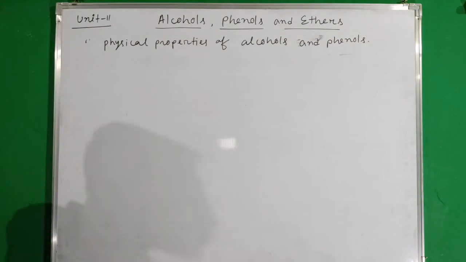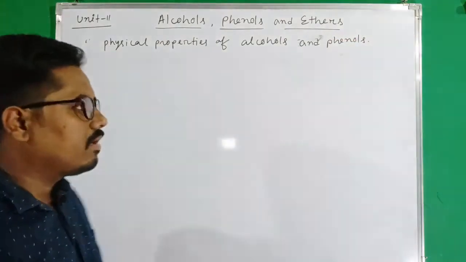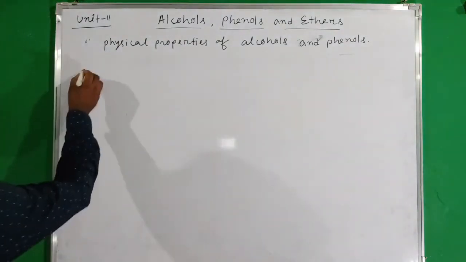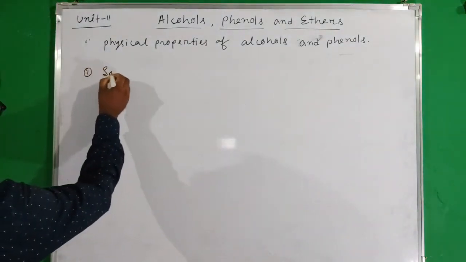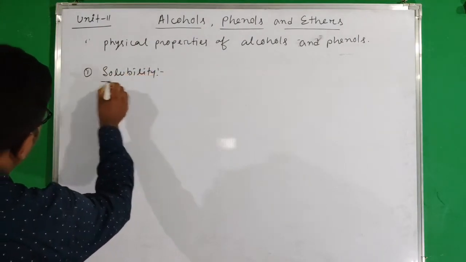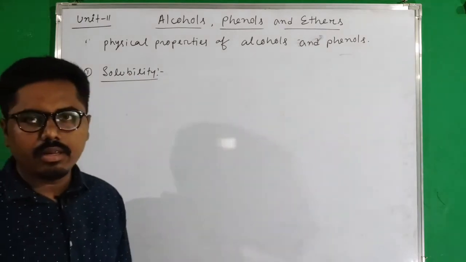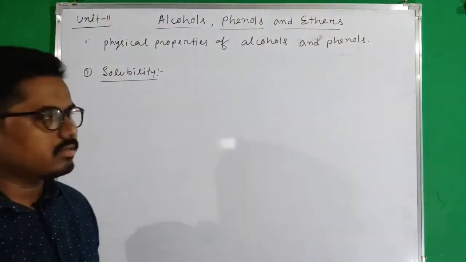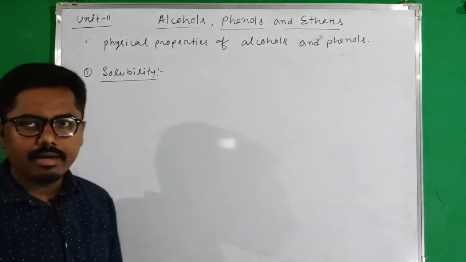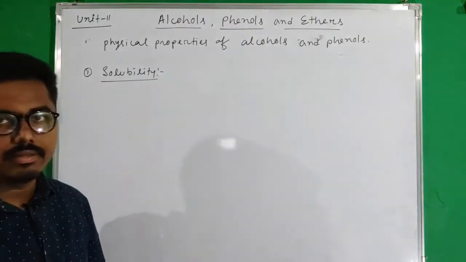When we study physical properties, the first property, number 1, is solubility. You have to remember that lower alcohols are always soluble in water because alcohols can form intermolecular hydrogen bonding with water.